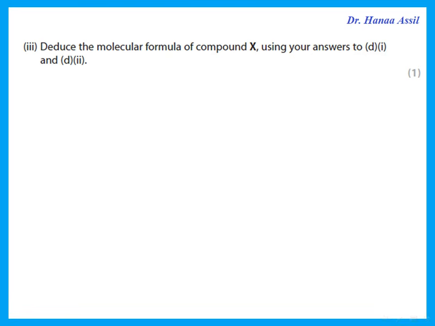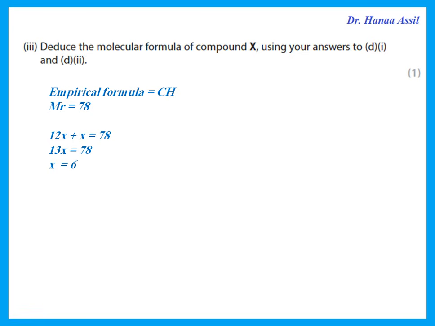Deduce the molecular formula of the compound. So if the empirical formula is CH, and we calculated that the molecular mass is 78, now, what kind of combination can I have that will give me a total MR of 78? Well, you can either guess or you can put it into an equation where I put carbon, I don't know how many carbons, so I denote it by 12x.